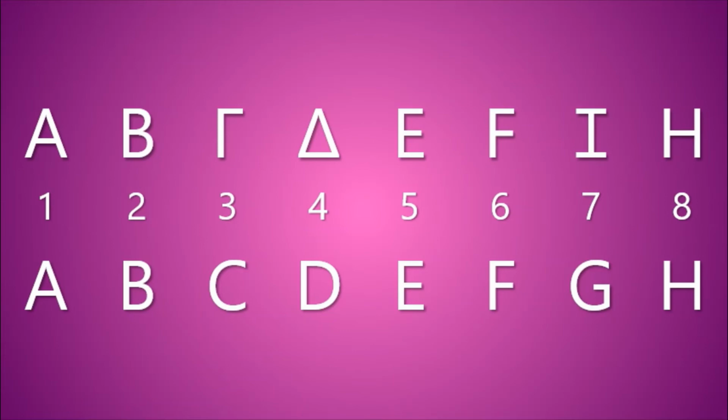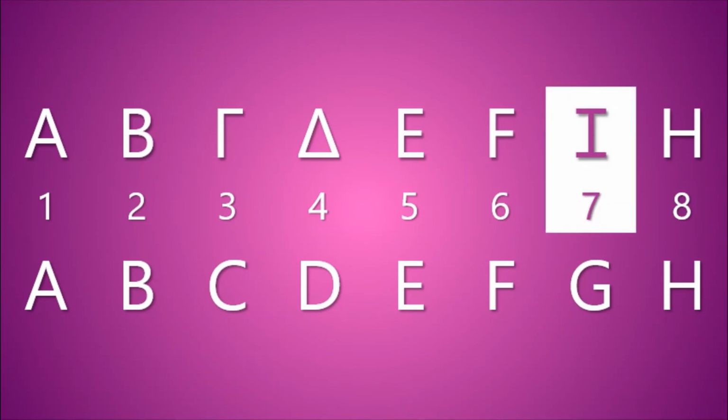The letter zeta, used for the number 7, was not used in Latin and was removed from the alphabet. G was put in 7th position to take its place so that the numbers assigned to the Greek letters would correspond with the position of the Latin letters in the alphabet.